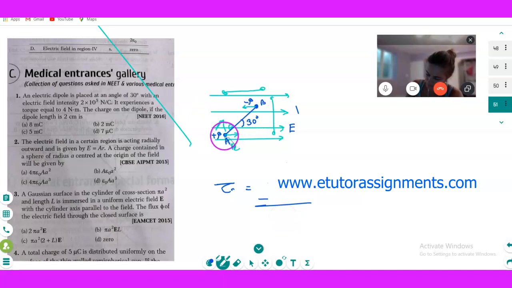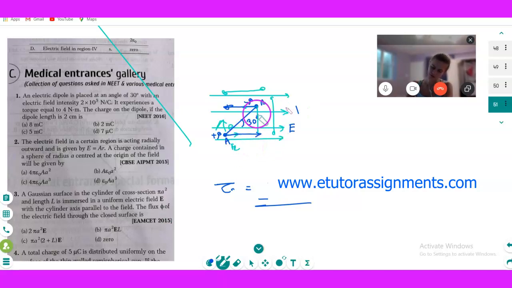The distance between these two forces, not these charges. How much distance is there? The distance is going to be the length times sine 30.